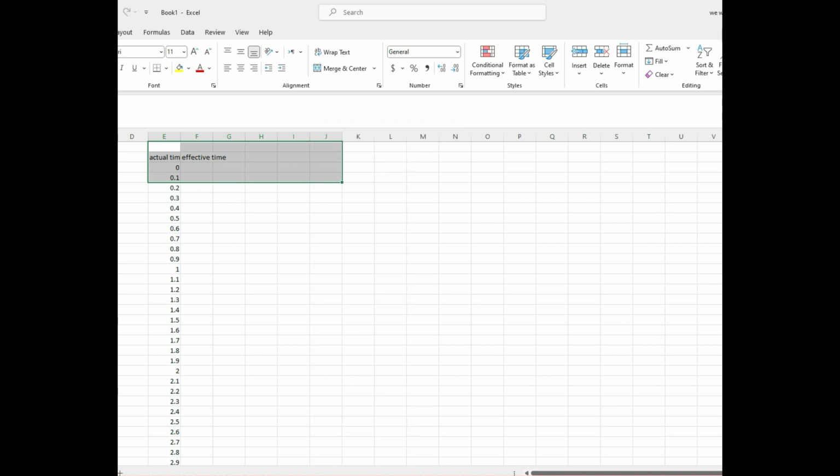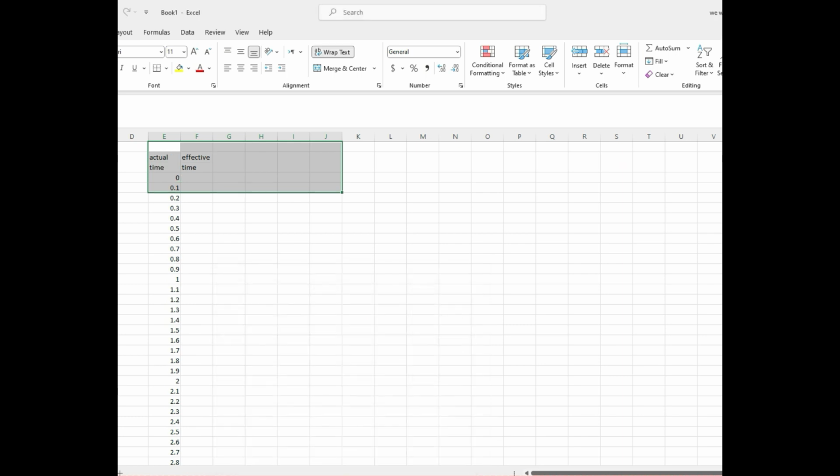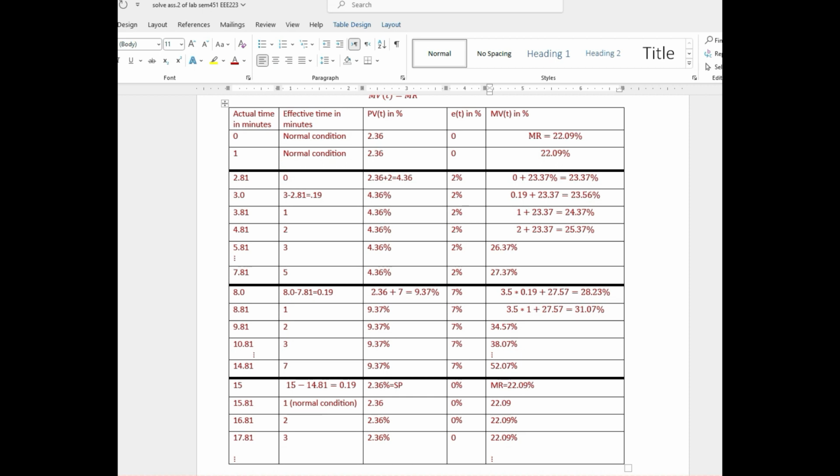Format. Now my effective time here, there is no effect, so it still remains just normal drawings. So it will equal the same thing, actual time, because there is no effect until we reach the minutes. See here, our minute is 2.81.